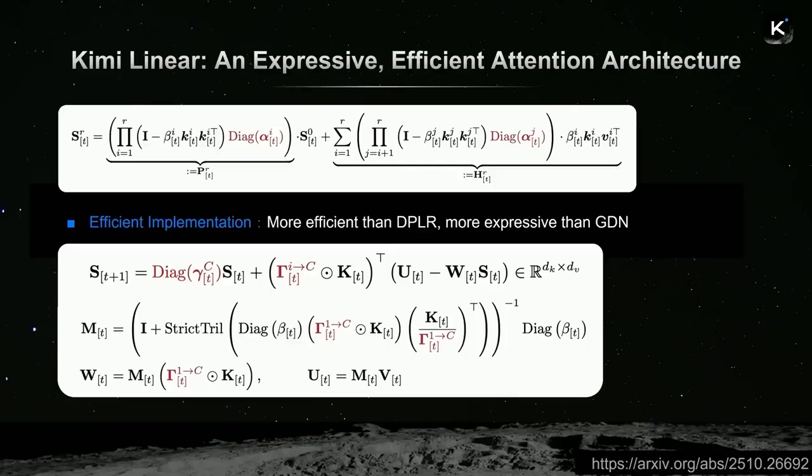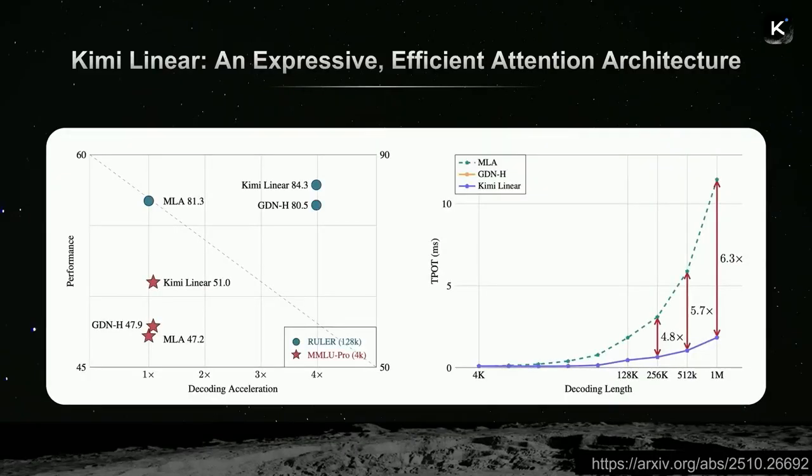So these are some of the results that we obtained using a fair comparison. On the left-hand side, we see the performance on two different types of tasks. MMLU is a short context task. For short context tasks, Kimi-linear achieved better performance compared to MLA and GDN.